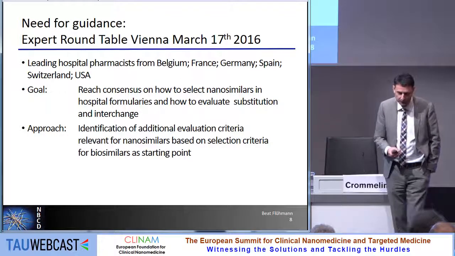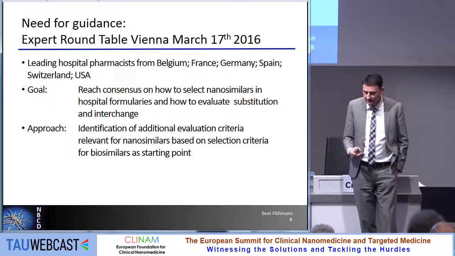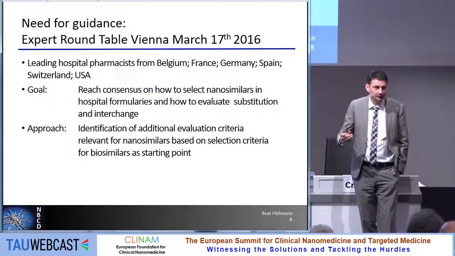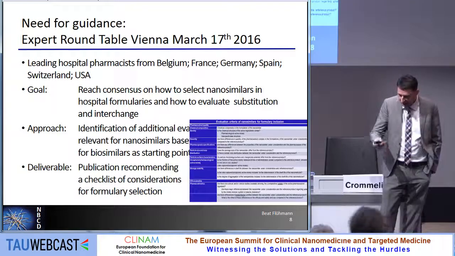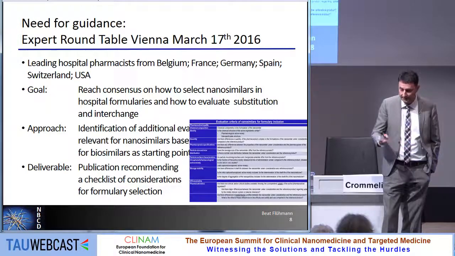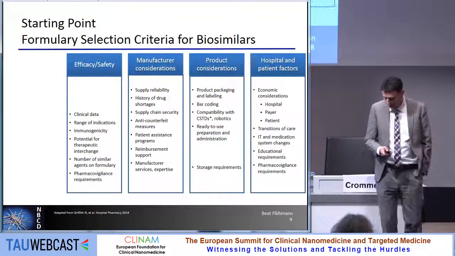The approach we chose was we started with a guidance for biosimilars and looked what is relevant in this guidance for nanosimilars and what beyond that should also be looked at. The starting point was a publication recommending a checklist of considerations for the formulary selection.